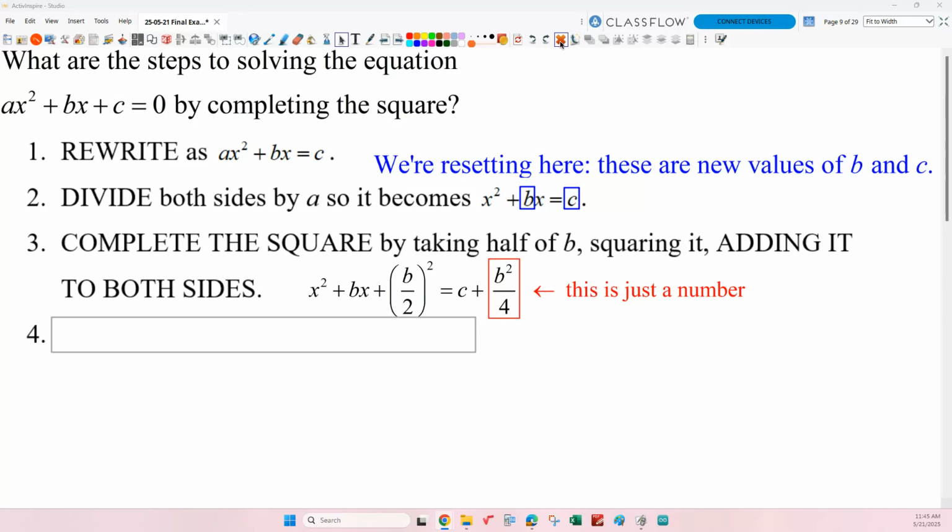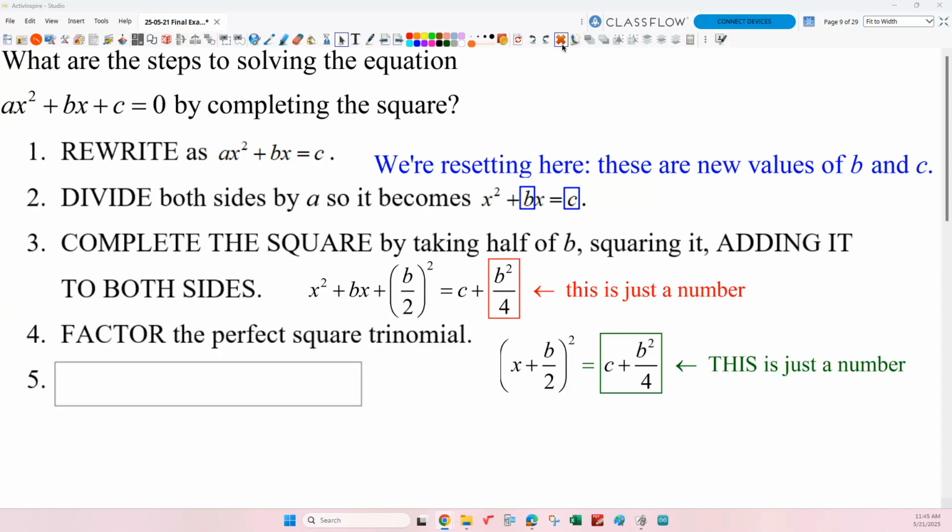Why did we find that b over 2 squared? Yeah, we can factor this into just a perfect trinomial. So then we get x plus b over 2, quantity squared. And then after I have all this equal to some number, what do I do?